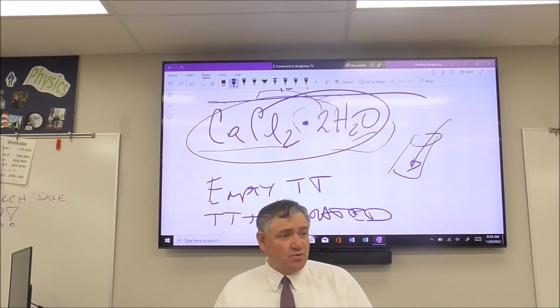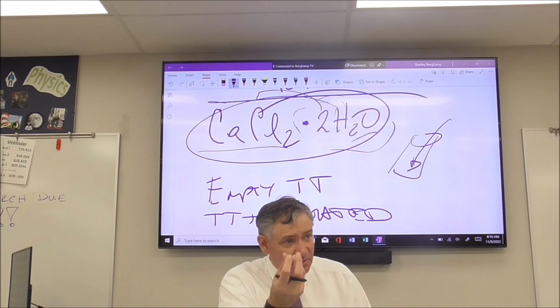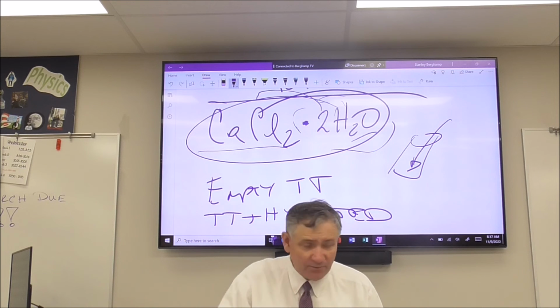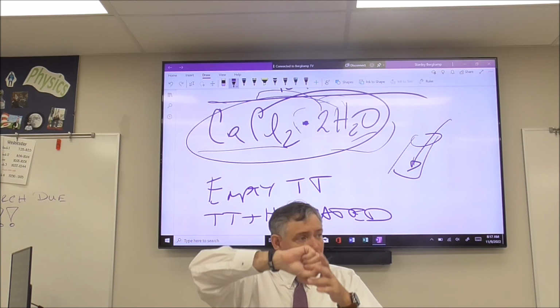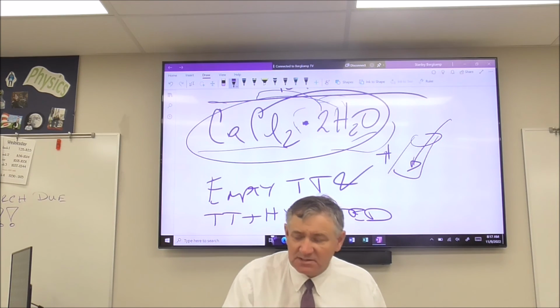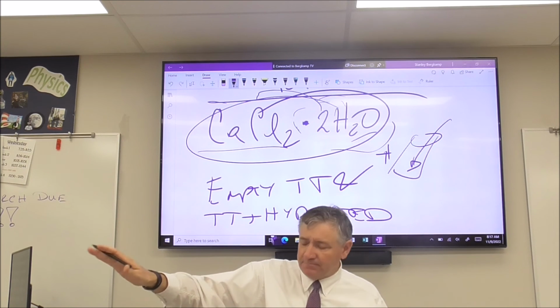If you want, you can take a little weighing dish, put it on the scale, re-zero it, just like you've done before, add 2.5, whatever mass you have, pour that in there, and then add the mass of the test tube plus the hydrated salt to get the total mass. That's the simple part.